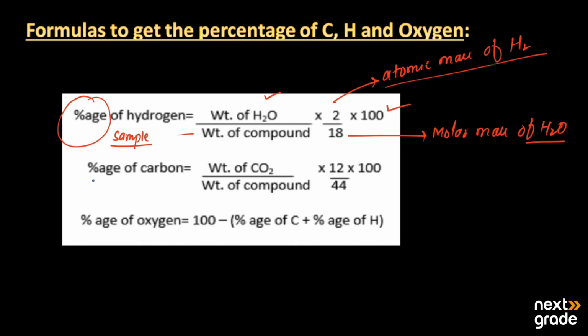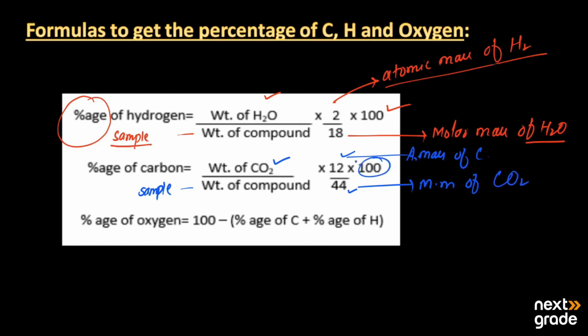Second, we find the percentage of carbon. We need to know the weight of carbon dioxide that gets absorbed and the weight of the total sample that we take at the start, multiply by 12 and divide by 44. 12 is the atomic mass of carbon and 44 is the molar mass of carbon dioxide.